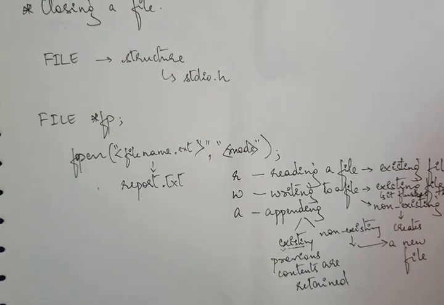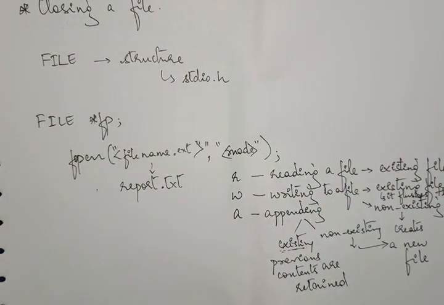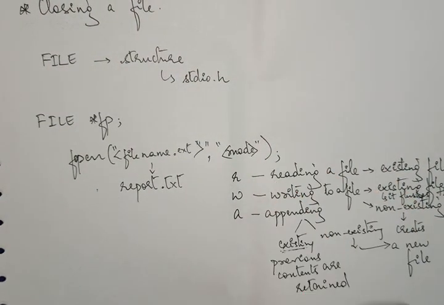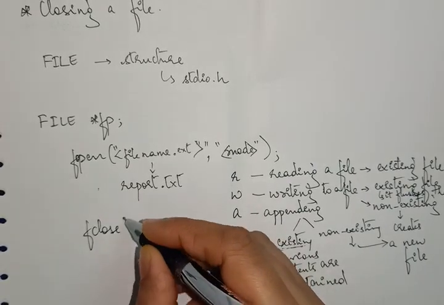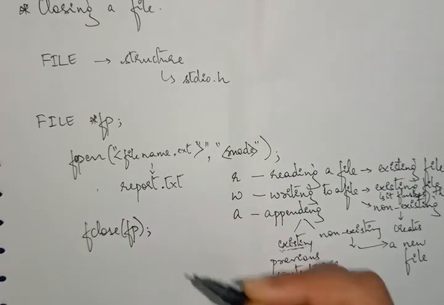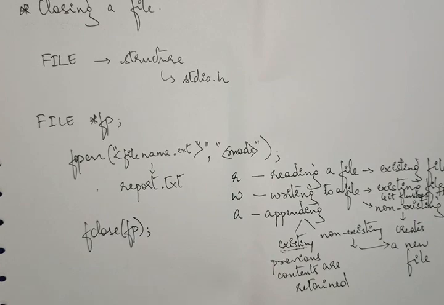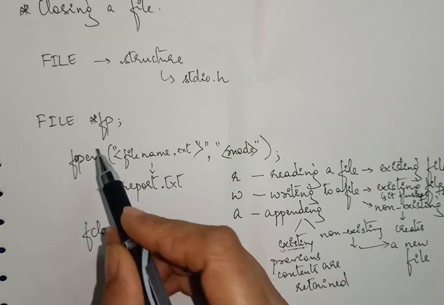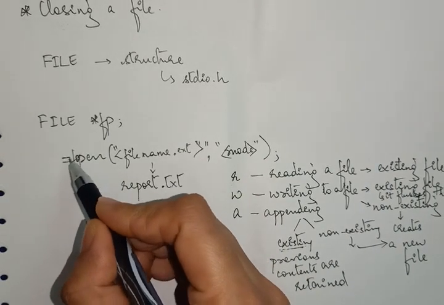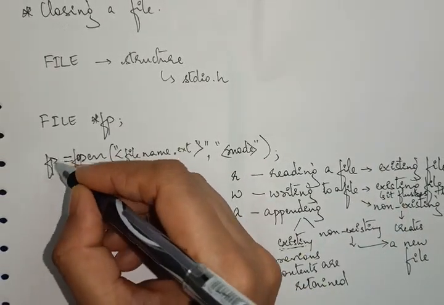Once a file is opened for any purpose, either reading, writing, or appending, once that operation is complete, it has to be closed. For that we have the fclose function to close the file. Using the file pointer, you will have to assign the fopen to fp.